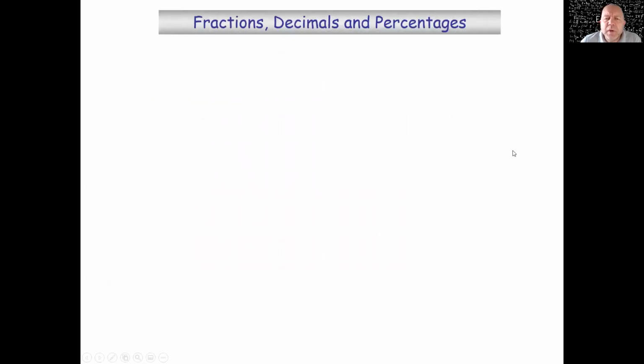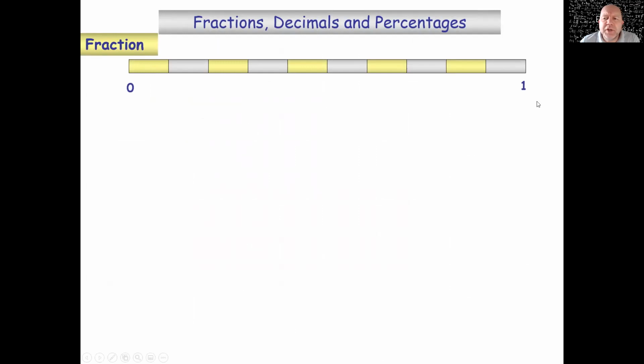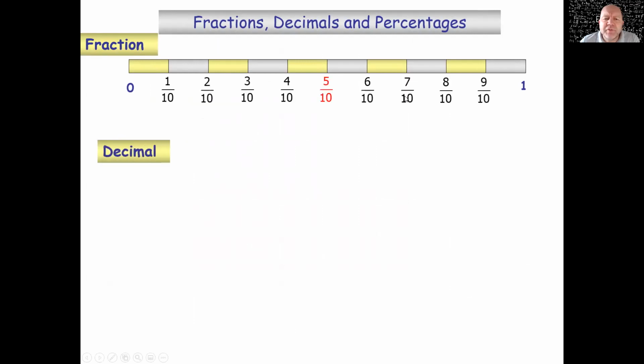Okay, right. So here's a few number lines, or bars, I should say, just to help compare some of these values. So the fractions, here's our number bar. It's split into 10 equal pieces. So as fractions, we've got 1/10, 2/10, 3/10, 4/10, 5/10, which is our half in the middle, 6, 7, 8, 9/10, and then the whole one.